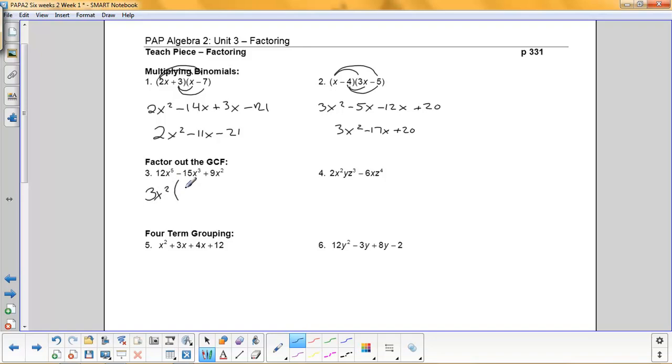What's left inside after you're finished is going to be 4x to the third minus 5x plus 3. Likewise here, your greatest common factor, 2xz to the third. What's left inside is xy minus 3z.